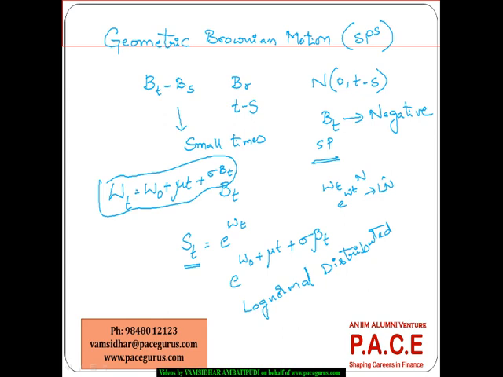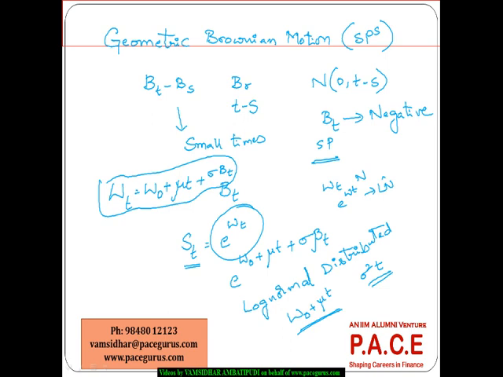So St is log normally distributed with parameters W naught plus mu T and variance being sigma squared T. Right? So the mean parameter of this St is W naught plus mu T, and the variance parameter is sigma squared T. And because of this relationship, St will always be positive, and that is where it becomes more and more appropriate to model stock prices and indices.